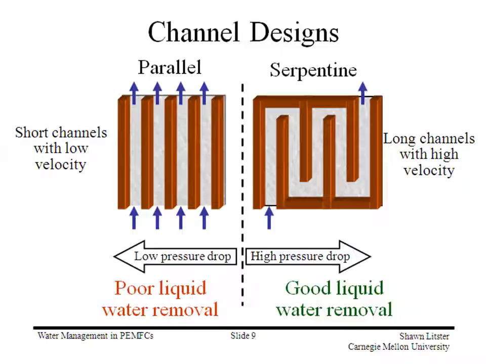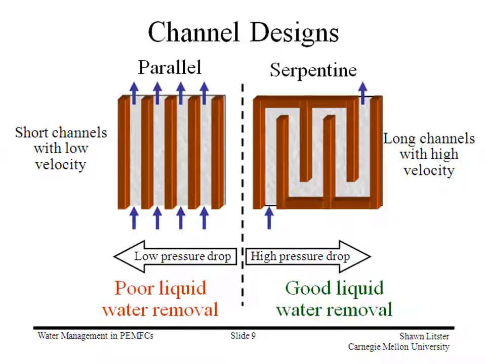And what that'll mean is, if there were no liquid in the channels, your pressure drop in the parallel channel case would be a lot lower. So you'd think you'd want to go this way. But the problem is, if you have less velocity, it's harder to push out liquid water. So there's reasons to go to serpentine channels.